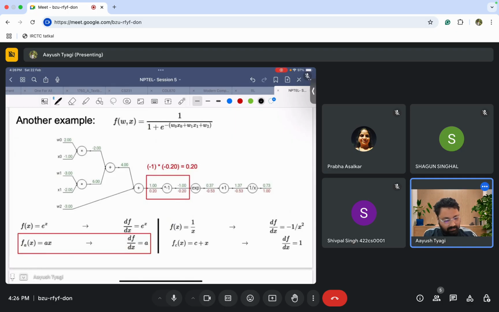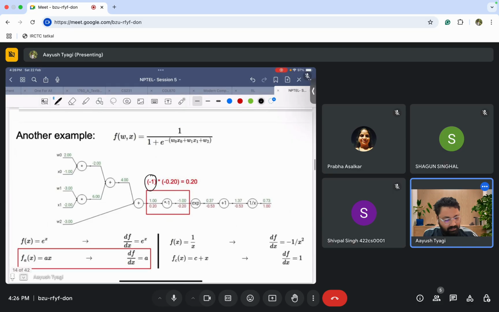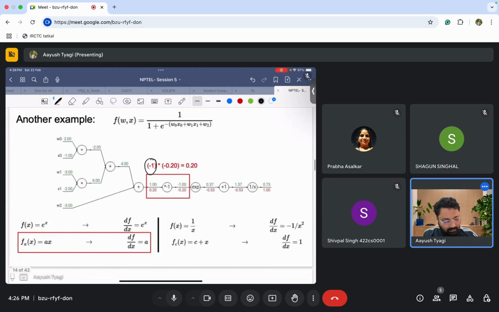In this case, the local gradient is basically the multiplicating factor, that is minus 1, times the global gradient which is coming, and the updated gradient at this point is minus 0.20. Sorry, 0.20.